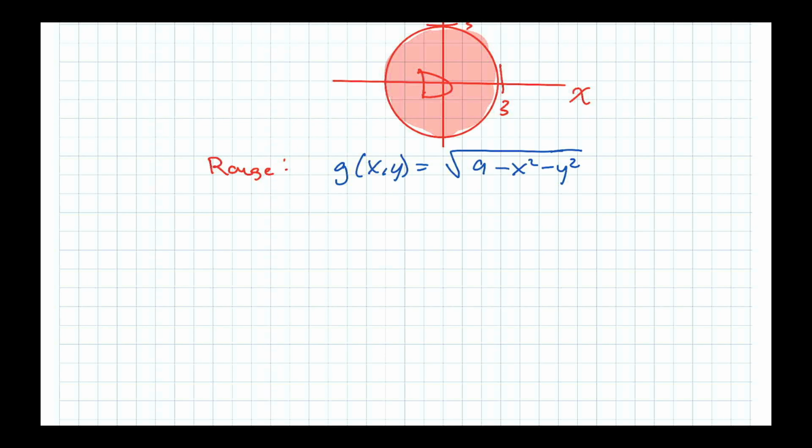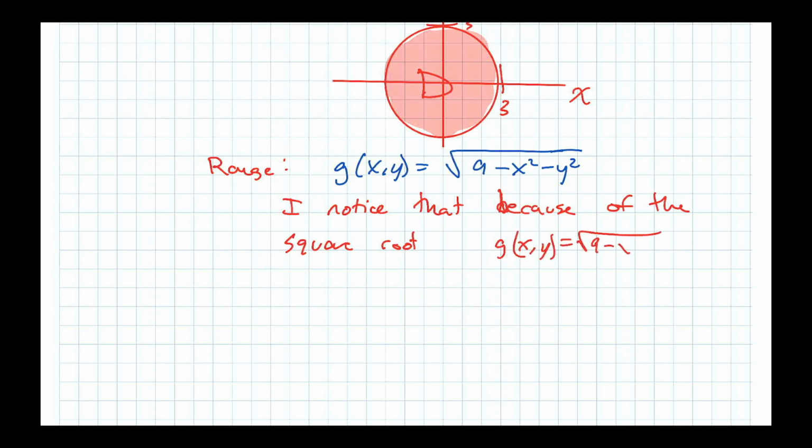So if we're looking at this, what I notice first of all is that because of the square root, the output of this function has to be greater than or equal to something. That g of x, y, of course, I'll just write it, 9 minus x squared minus y squared, is going to have to be, I wrote greater than or equal to 9, that's wrong, greater than or equal to 0, right?